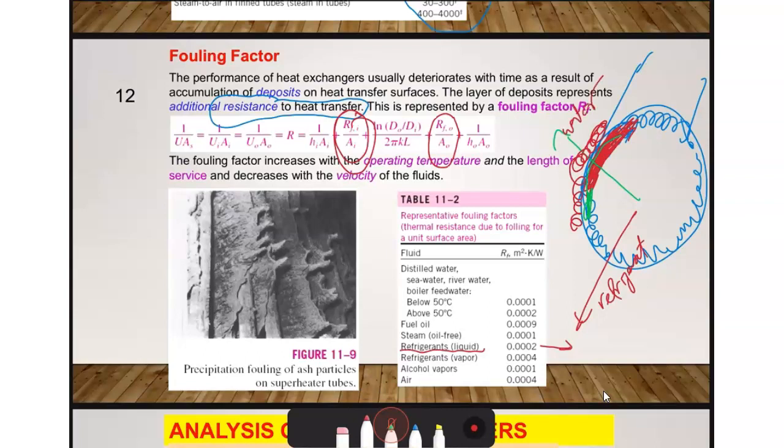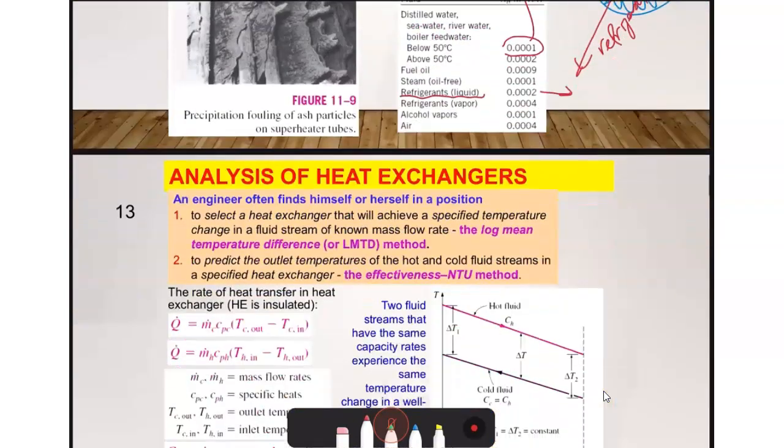So we have water over here, but water has a lot of fouling. Just as an example, we have 0.01. There we go for water. Let's add these two, RFI over AI and RFO over AO.